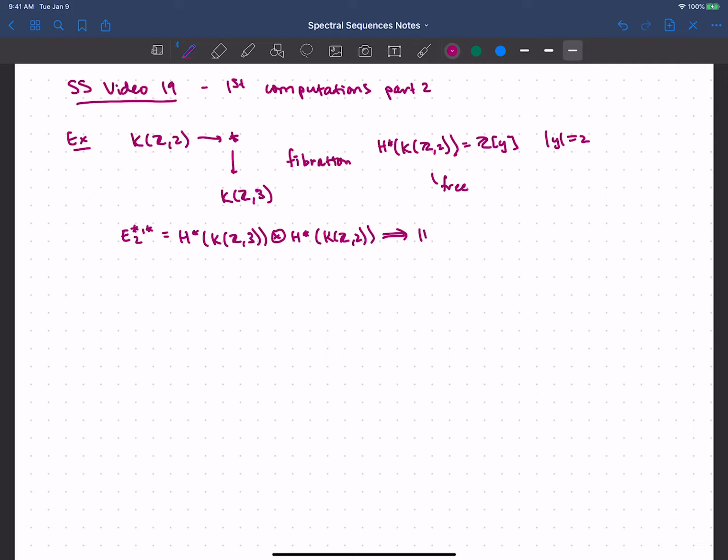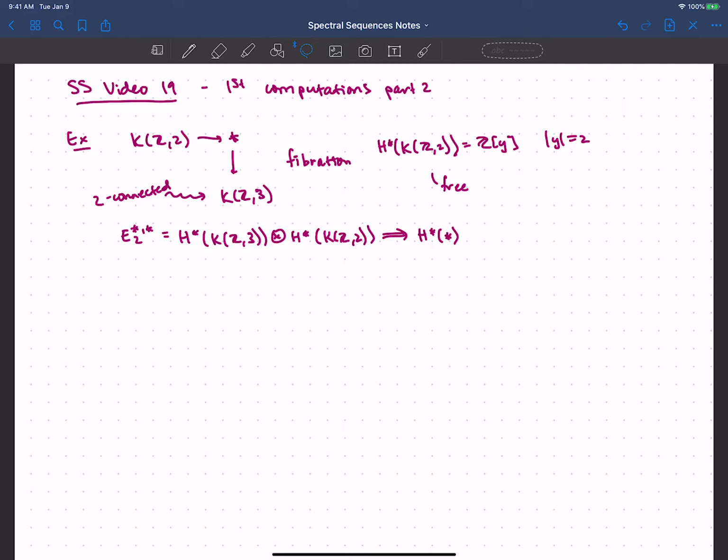And our spectral sequence should converge to the cohomology of a point, since the path space is contractible. I just want to make the note that KZ3 is now 2 connected. Okay, so that will all help us.